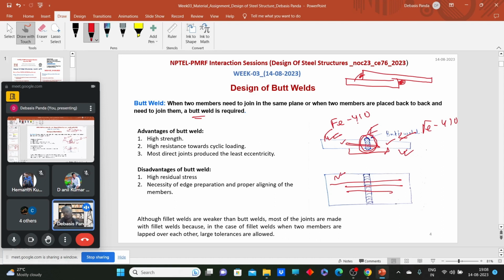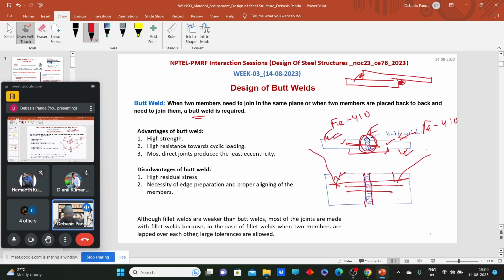Because the most critical parameter is the handling of this kind of weld. If we need to connect these two plates, we hold this plate using a crane, and we hold the other plate using a crane. Then we have to give a proper clearance, and then we make the joint. That creates trouble when we install this, because of less tolerance.